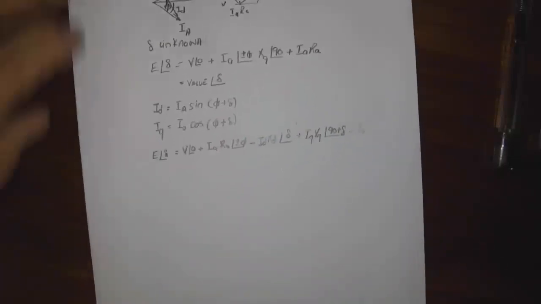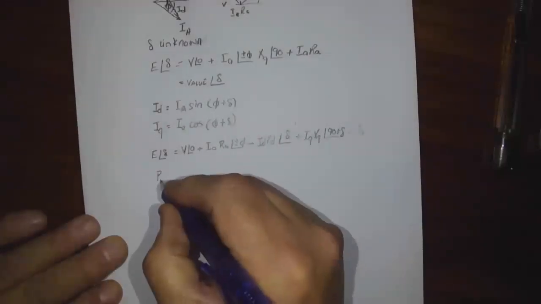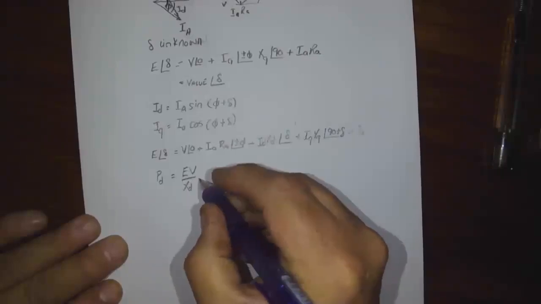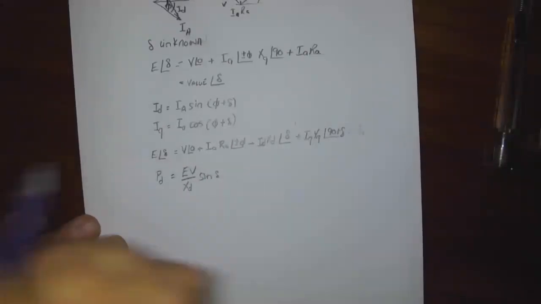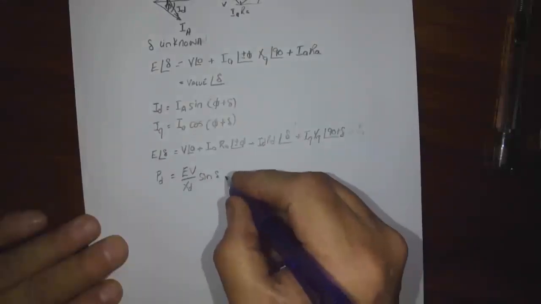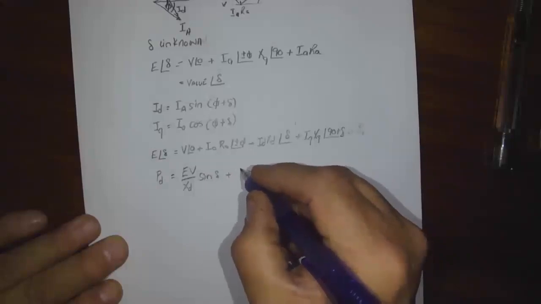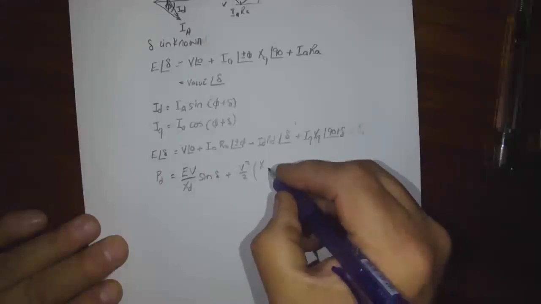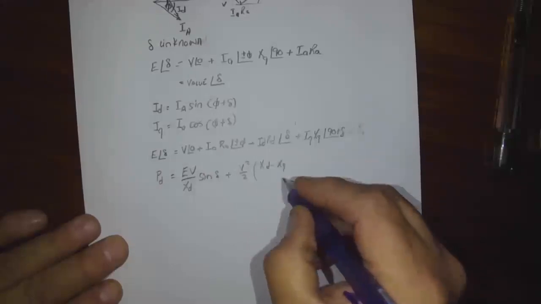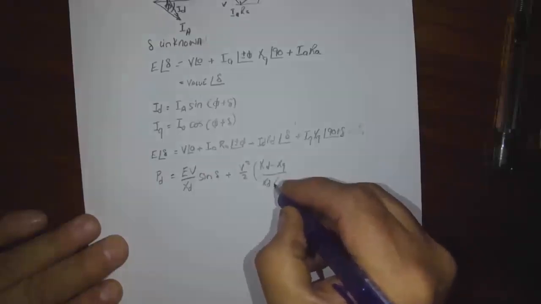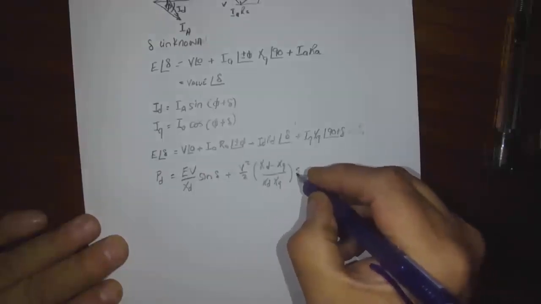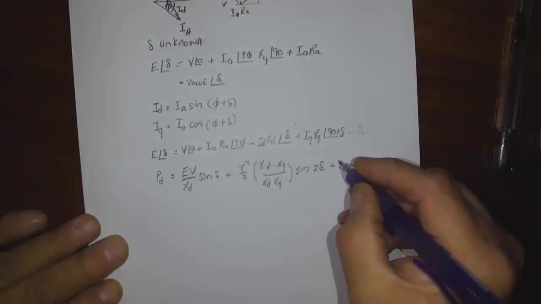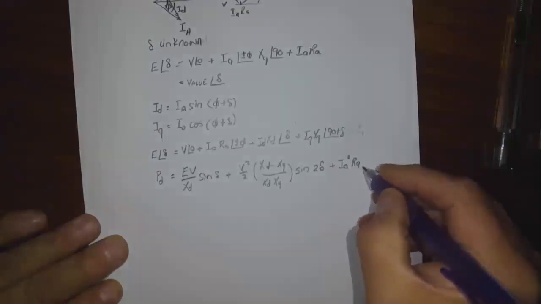First of all, we can calculate the developed power. That will be EV over XD sine delta, plus V squared over 2 times XD minus XQ over XD XQ, sine 2 delta, plus IA squared RA.